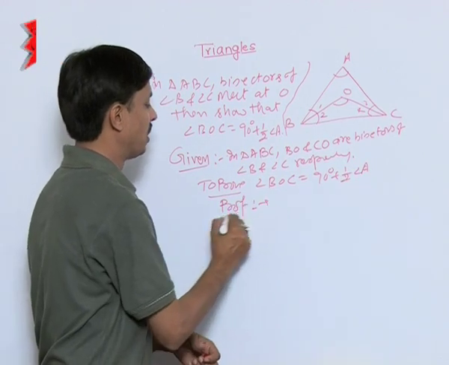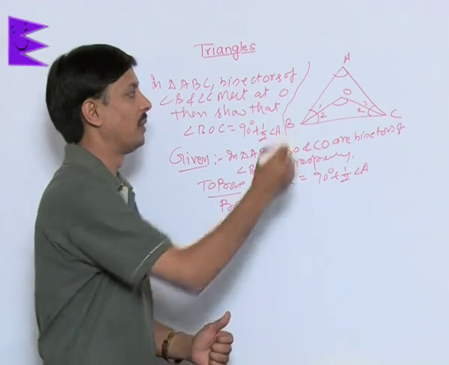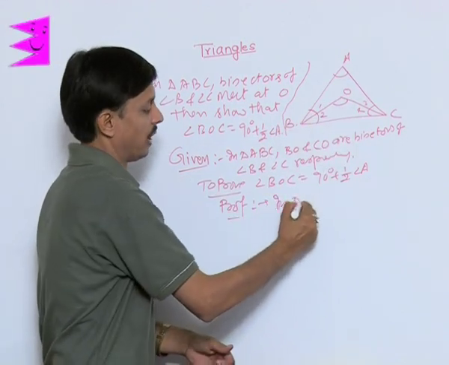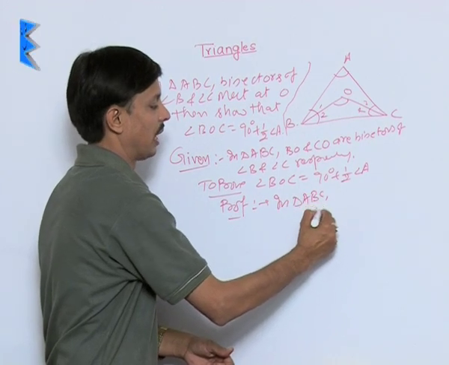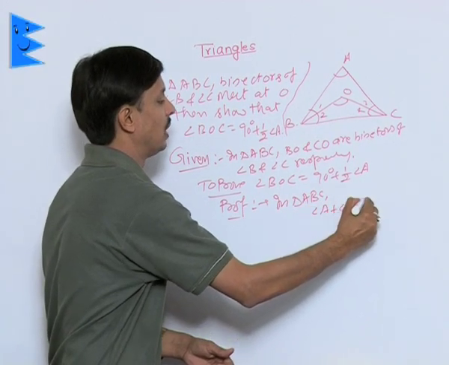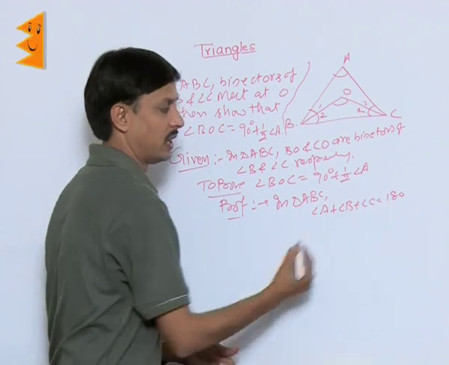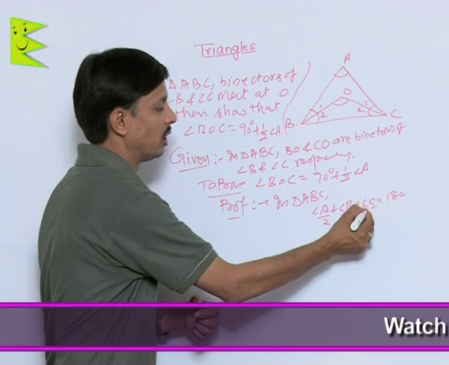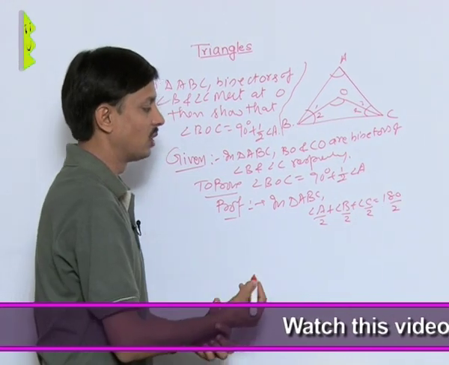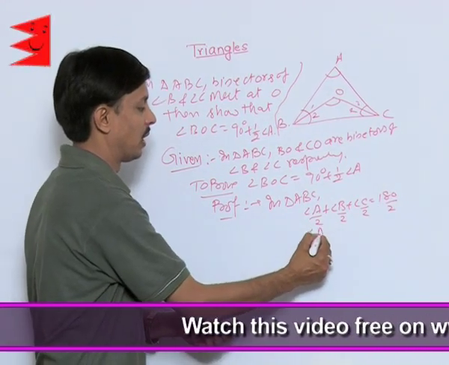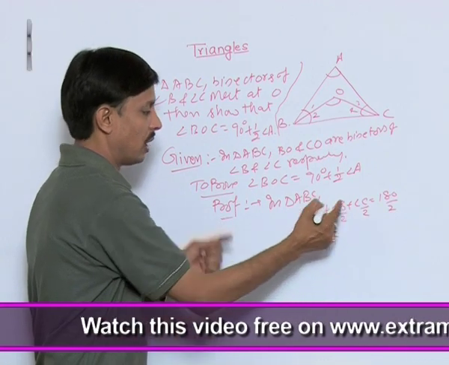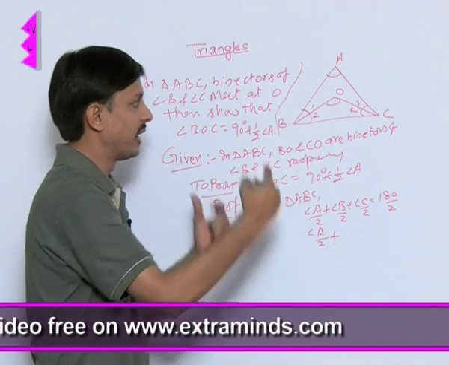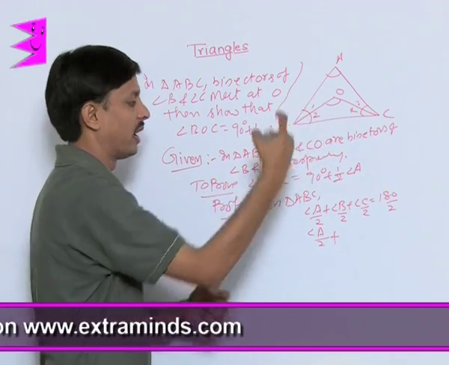In order to prove this result, first of all, I am taking triangle ABC complete, the big triangle. In triangle ABC, angle A plus angle B plus angle C is 180. If I ask you to divide it by 2, each angle and both the sides, then this becomes angle A by 2 plus, in place of B by 2, that is half of angle B. It is my choice, I can replace with angle 1 or angle 2.